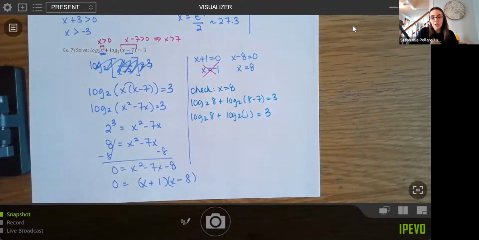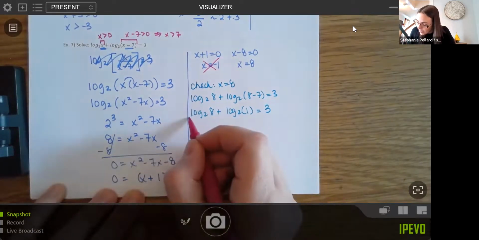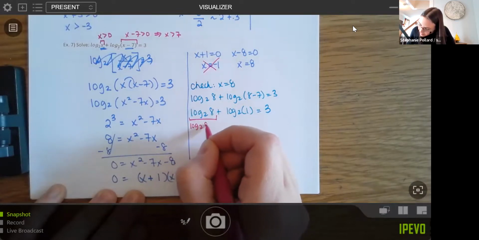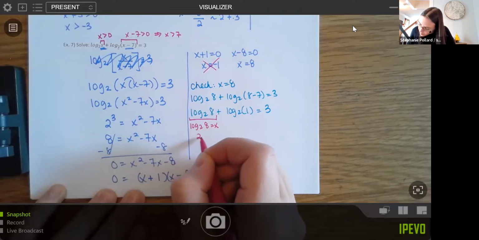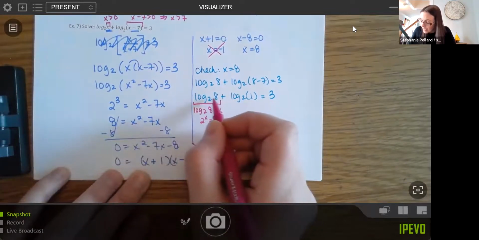Think about these two parts individually for a second. So if I think of log base 2 of 8, I'm trying to solve log base 2 of 8 equals x. So 2 to what power would be 8? And the answer would be 3 here. So log base 2 of 8 is just 3.